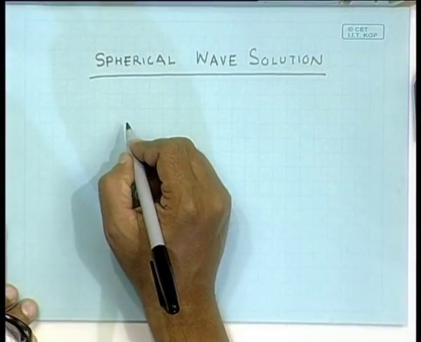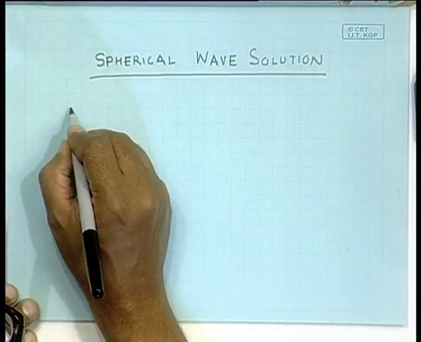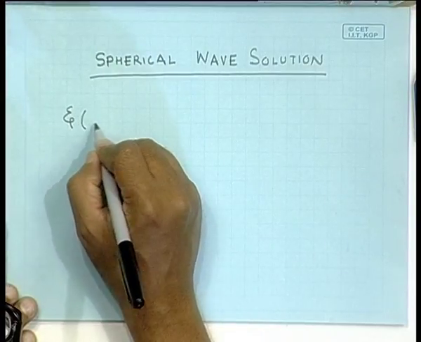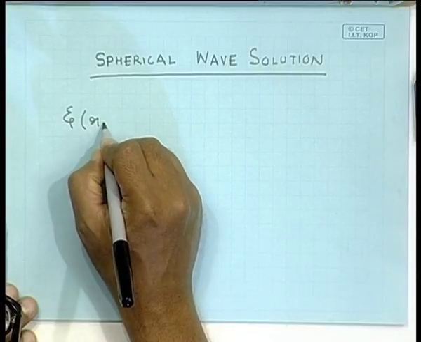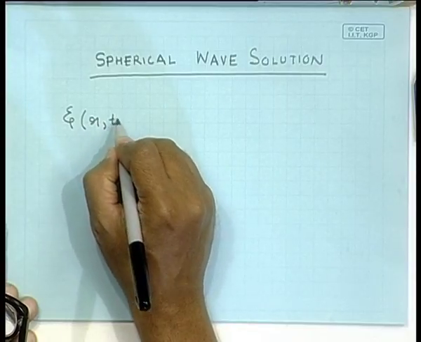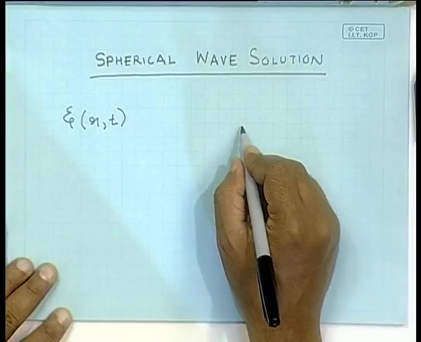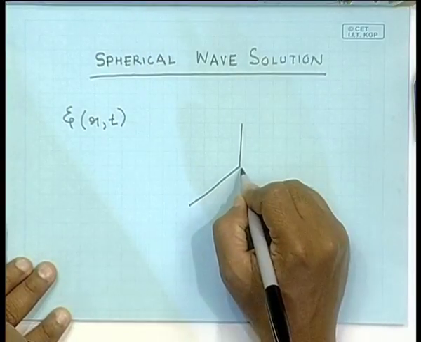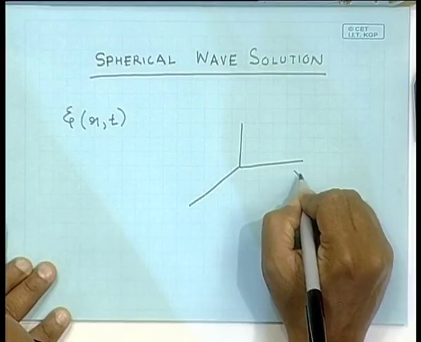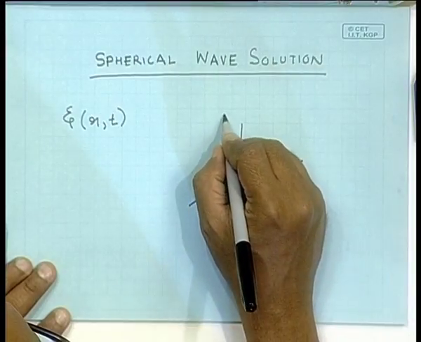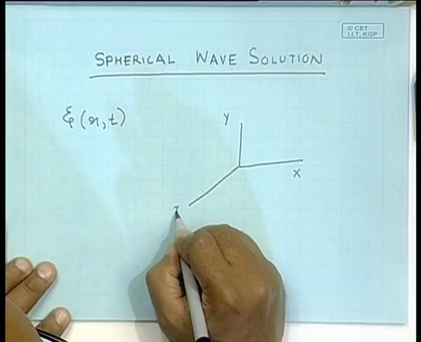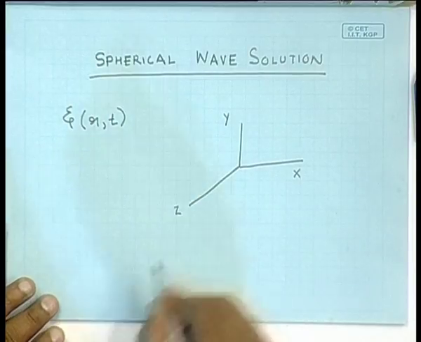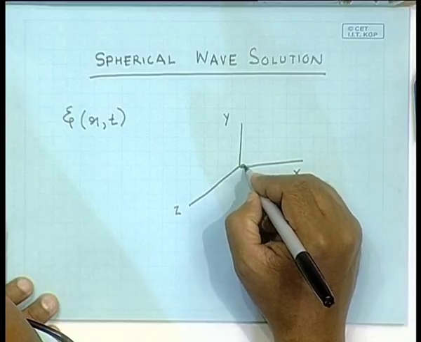We are going to assume that xi depends only on the distance from the origin. So we have chosen a particular coordinate system x, y, z, and this is the origin of the coordinate system.